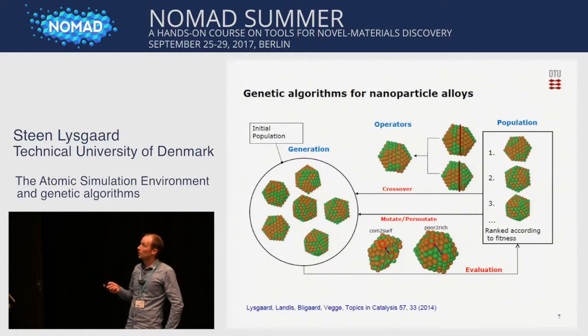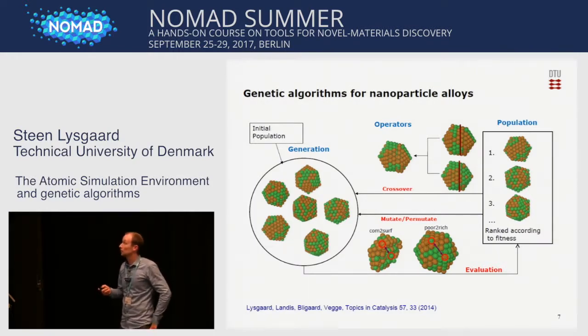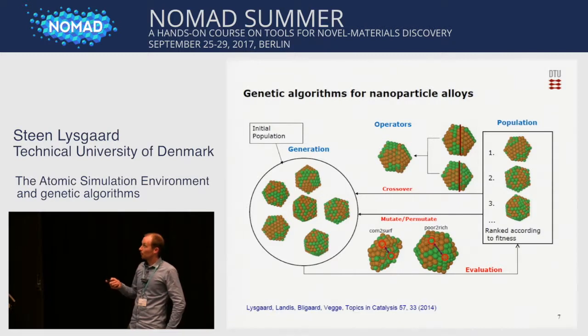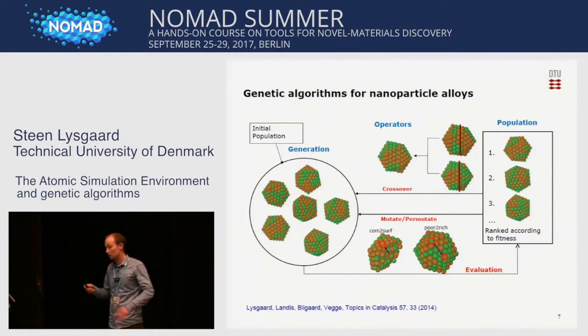For example, you switch the atomic identity of an atom in the core of the particle with one in the shell, which could create these core-shell particles, or you could move atoms from regions where there are none of its own type of neighbors to a region that has a lot of it, and the other way around.